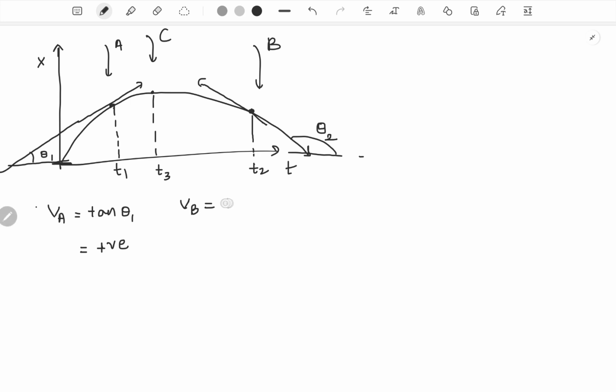So VB is equal to tan theta 2, which would be negative. That means at point B the velocity of the body is negative, so it is moving along the negative x-axis, which means its x coordinate keeps on decreasing. That's what you see there: in the right portion of the graph, x is decreasing.